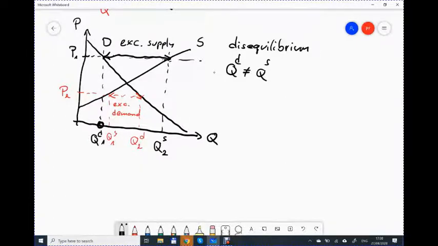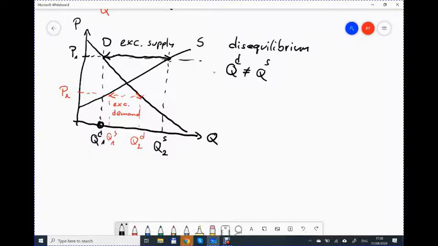How could this happen? Imagine the first situation when we had the high price. The price was so high that consumers were not willing to buy all the goods offered by the seller. In this case, sooner or later, the seller is going to build up so much cost that the seller must be willing to reduce the price.